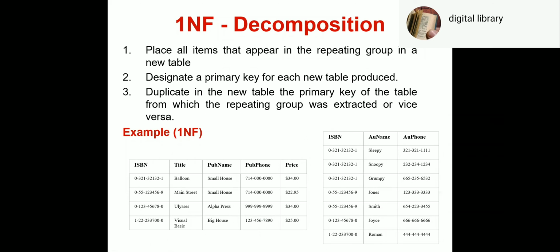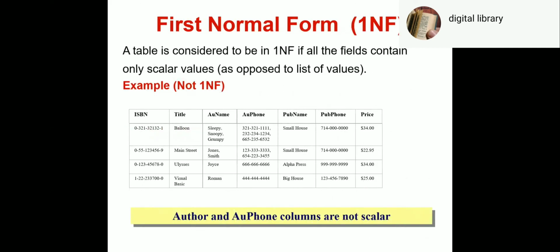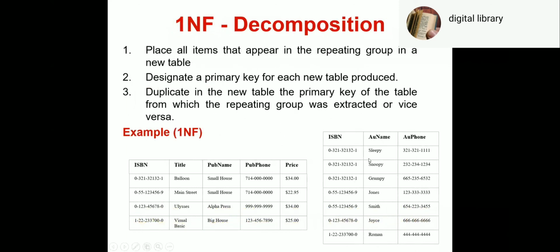Clear? Yes, sir. So again, read the definition. First normal form: a table is considered to be in first normal form if all the fields contain only scalar values. Be ready to explain with an example. Consider we have a table with fields like this. It is not in first normal form because you have a field which has a list of values. To make it first normal form, we'll split this table into two tables.